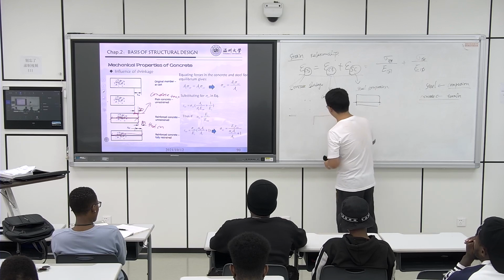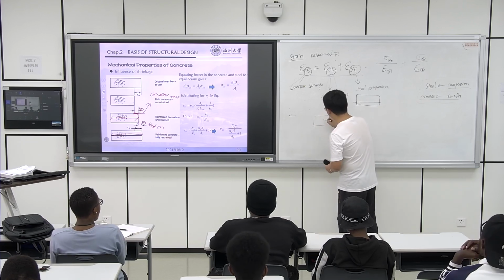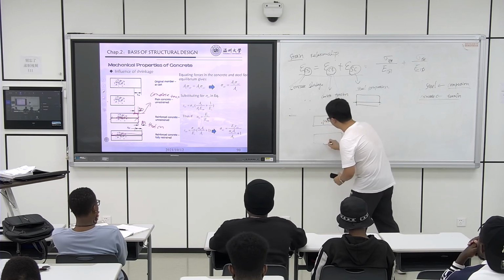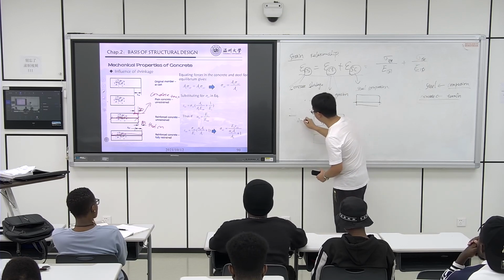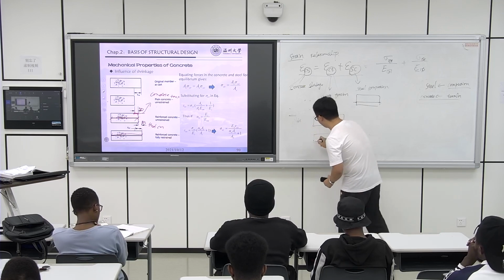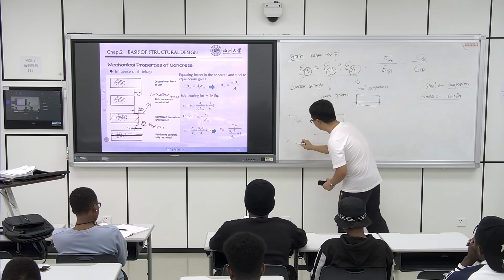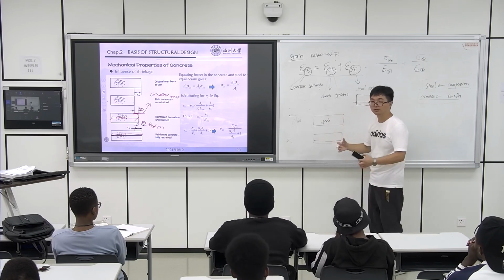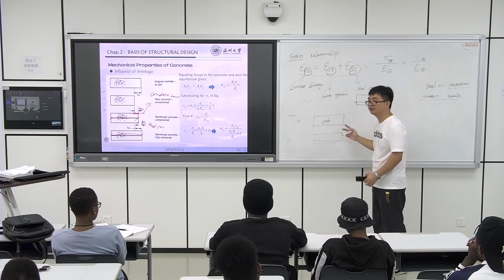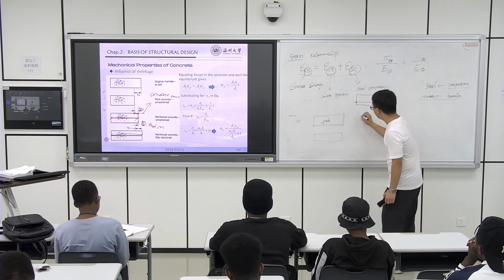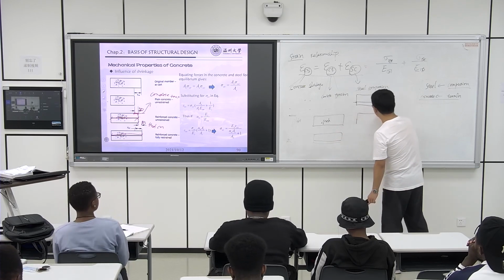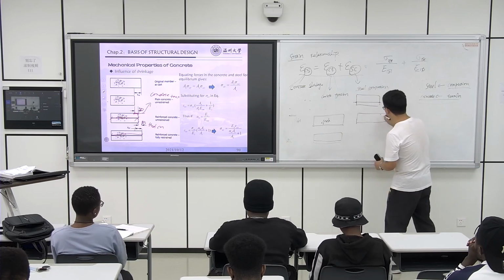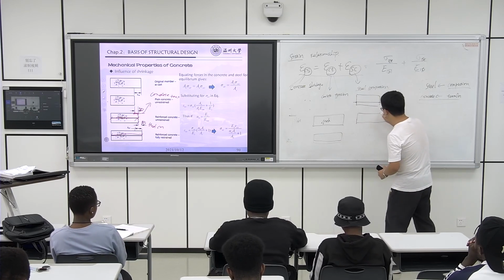For a specimen, there is fresh concrete. This is the plain concrete, which does not have the steel bar. This one is the RC, reinforced concrete. They have the steel bar. We use a mold to get this specimen. But both the fresh concrete and the reinforced concrete will have shrinkage.